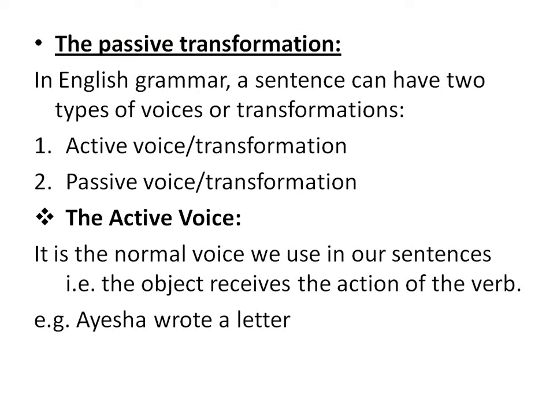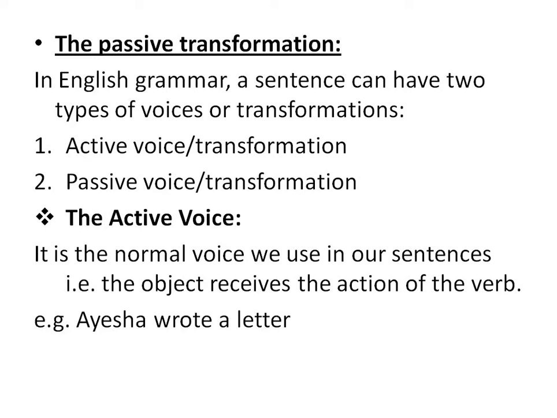The passive transformation. In English grammar, a sentence can have two types of voices, or we can say transformations. You might have heard before, at intermediate or bachelor level, that there are active voice and passive voice in English grammar.